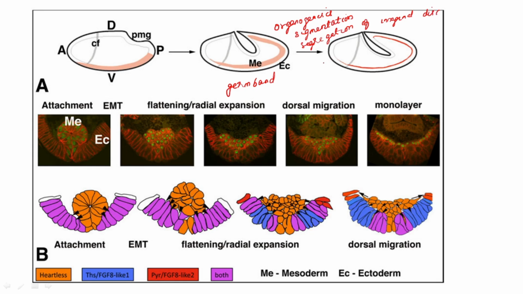It's happening, and also the nervous system is forming during the time when the germ band is in its extended form. And the nervous system, as it is formed from the ventral ectoderm, that is why in insects like Drosophila, the nervous system is positioned ventrally.